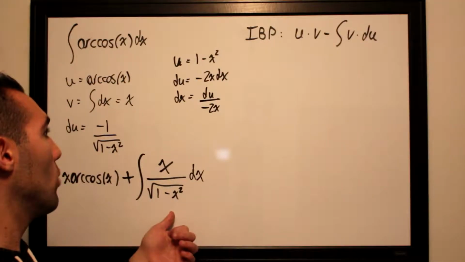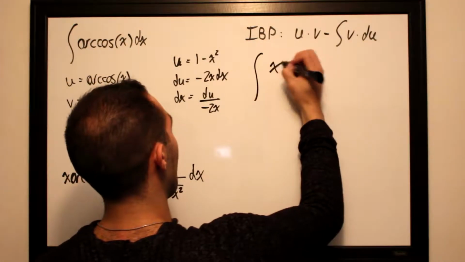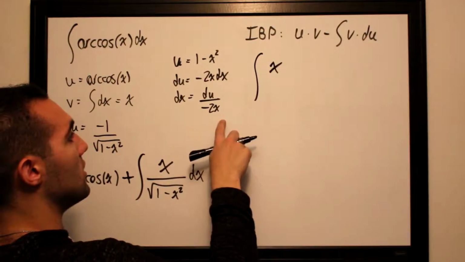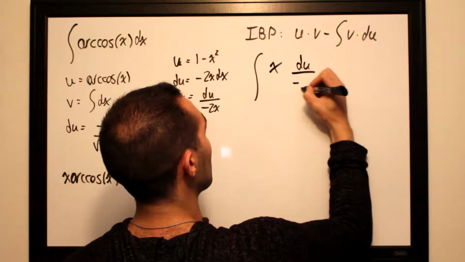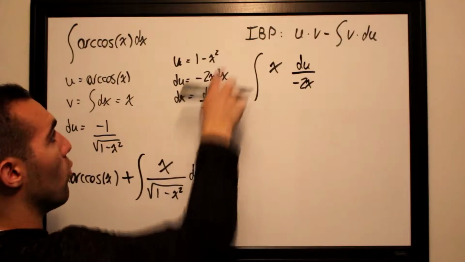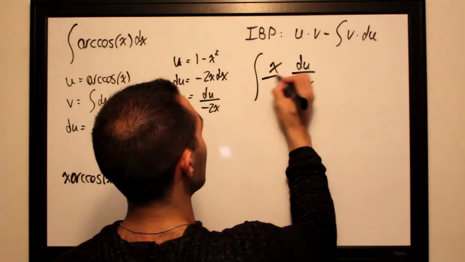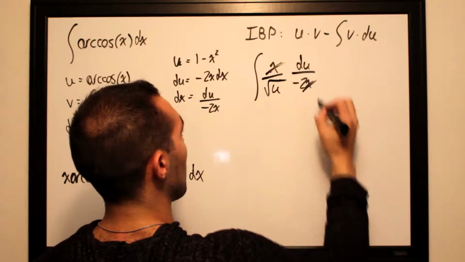So if we wanted to evaluate this, we would have the integral of x, our dx is du divided by negative 2x, and then over the square root of what is our u. So this is the square root of u. So we can cancel these out.